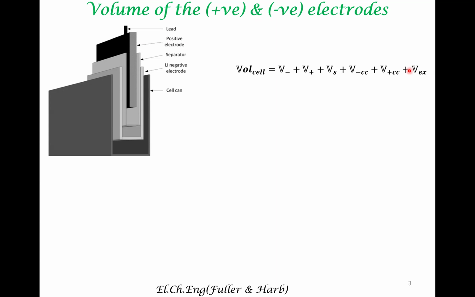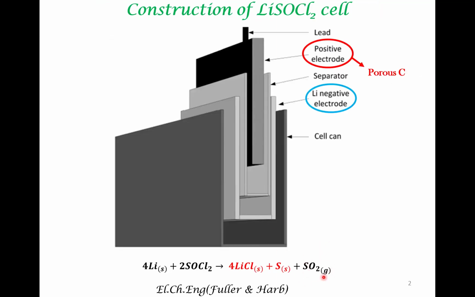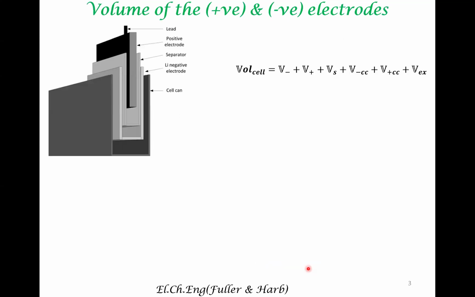And in addition, because gases are formed in this cell chemistry, we need to have some excess volume to accommodate the gases that are formed as a product of the reaction.